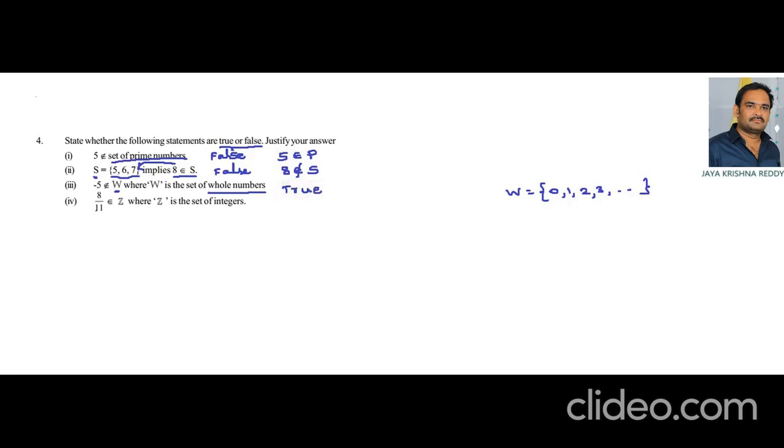And last one, 8 by 11 belongs to Z. Z means it is the set of integers. But 8 by 11 is a rational number. So 8 by 11 does not belong to Z actually, but it is given that it belongs to Z. So this is also false, because 8 by 11 belongs to rational numbers. It is not an integer.